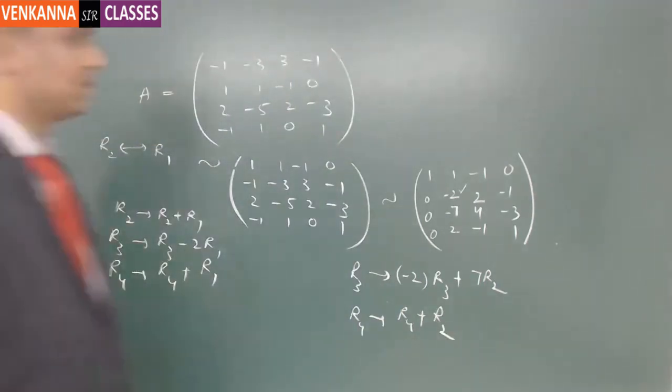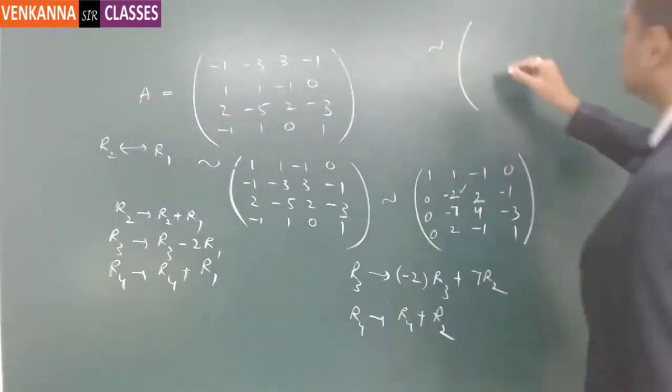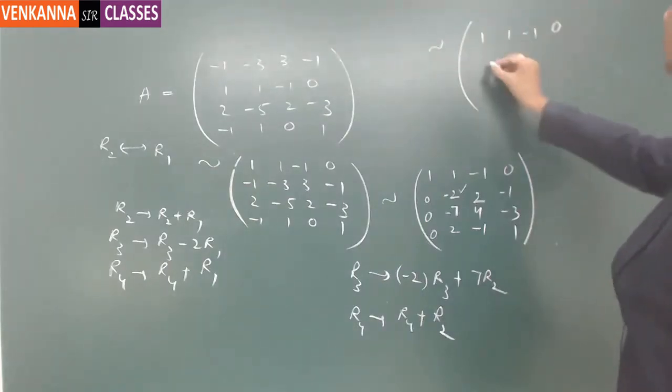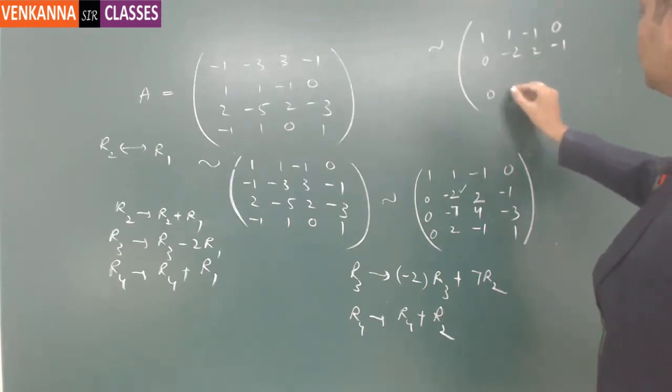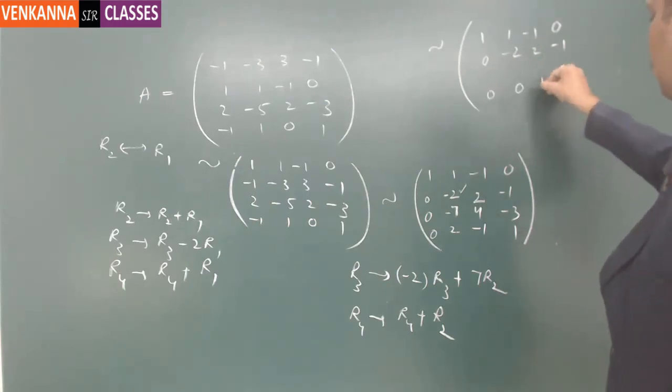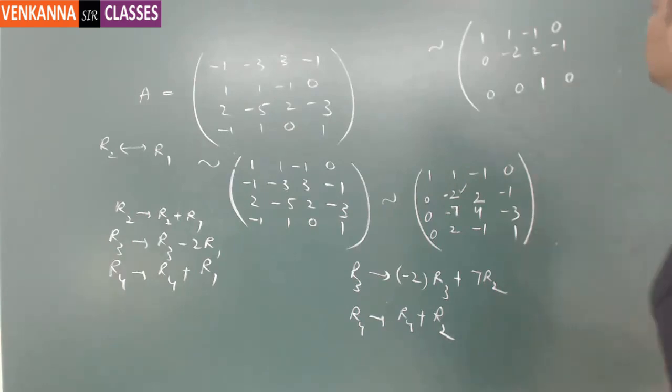Then it will be equal to 1, 1, -1, 0, 0, -2, 2, -1. Here you will get 0, 0, 1, 0. And you are going to get the values here.